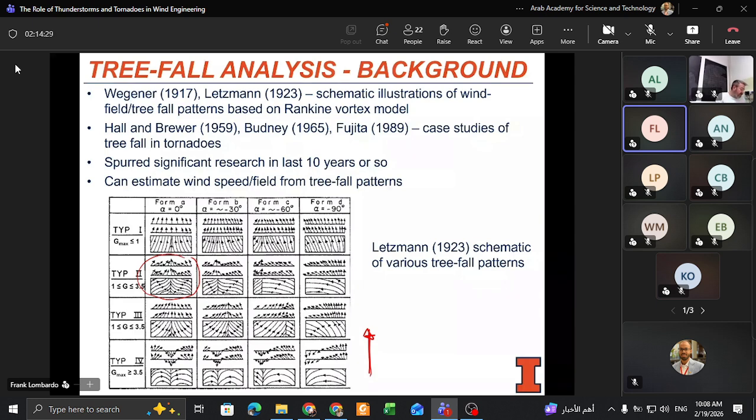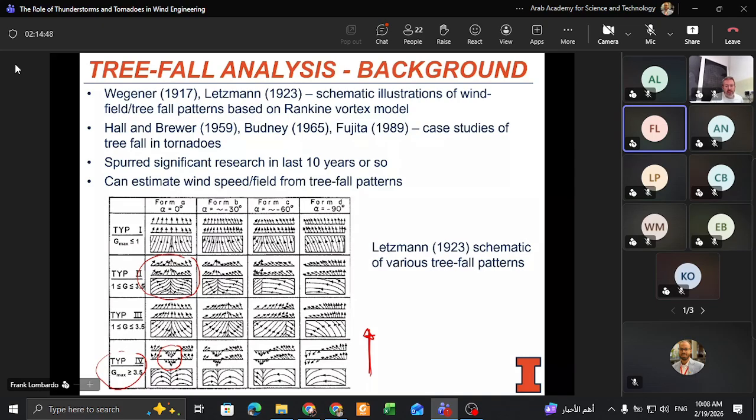If the rotation gets stronger relative to translation, greater than 3.5, then very near the tornado center, the trees fall backwards, opposite the direction of translation. And that's for a 0-degree inflow angle.